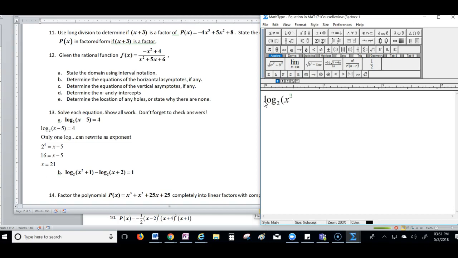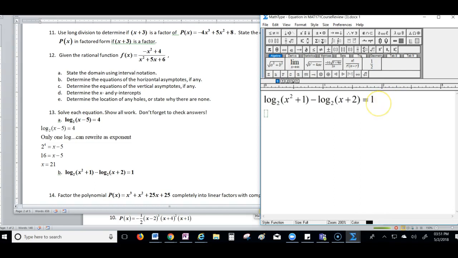Pardon me, this is going to take a second, but it's a lot easier to read than when I write on the screen. So I'm typing in my equation: log base 2 of x squared plus 1 minus log base 2 of x plus 2 equals 1.